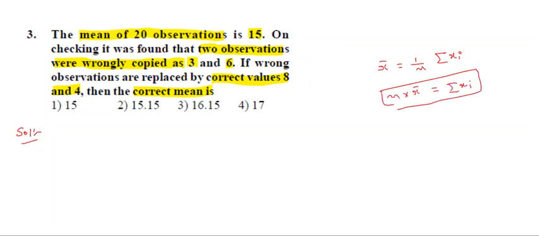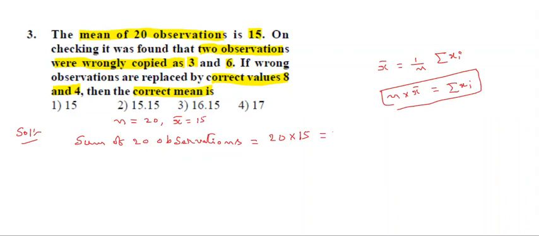Sum of 20 observations is equal to how much? 20 into 15. n is equal to 20 and x bar is equal to 15.